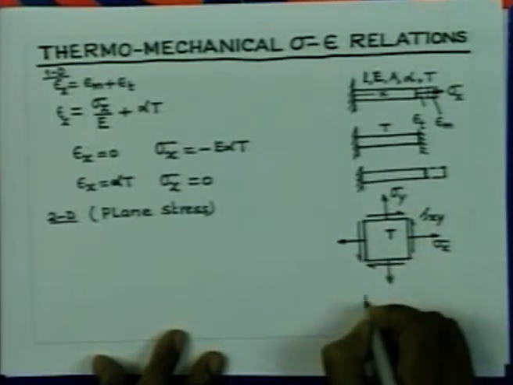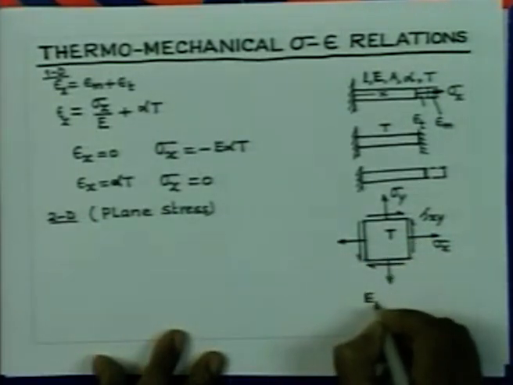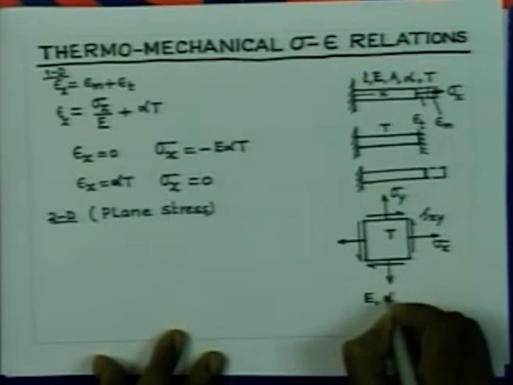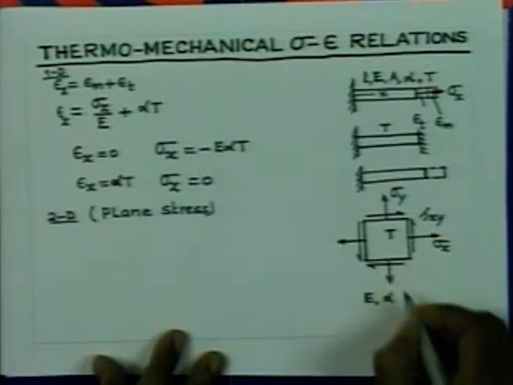Now, the material properties we will make use of are E and alpha, and thickness is equal to T.